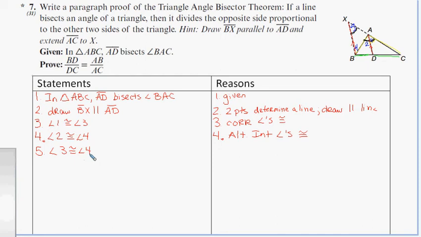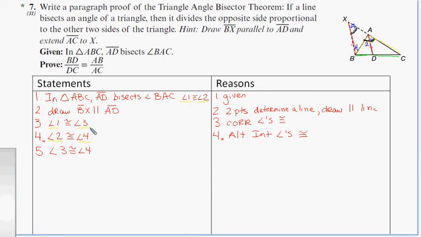Okay, now probably up here we should state that angle 1 is congruent to angle 2 that was given to us, because essentially what we're saying is we're going from angle 4 to angle 2, angle 2 to angle 1, angle 1 to angle 3.